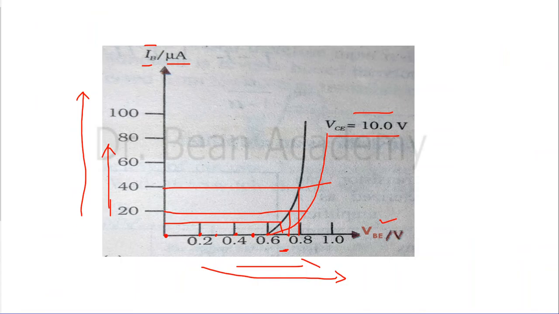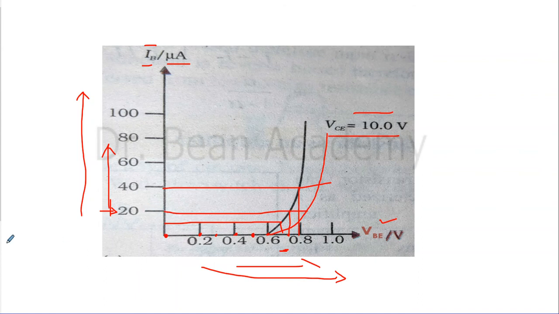Similarly, next, if the first time you set the base current at 10 microampere, now you may choose to set it at 20 microampere. So you will use this input characteristic curve to find at what voltage you get this current of 20 microampere.